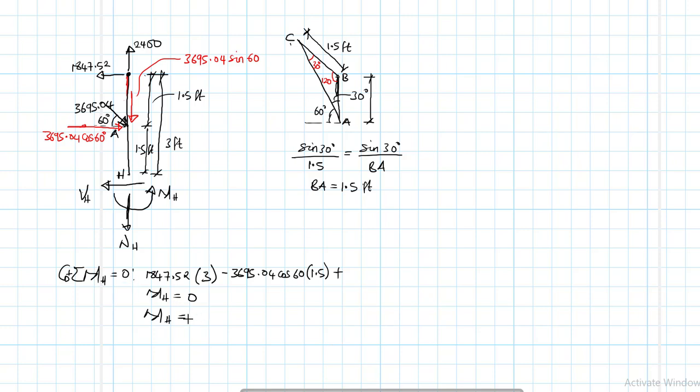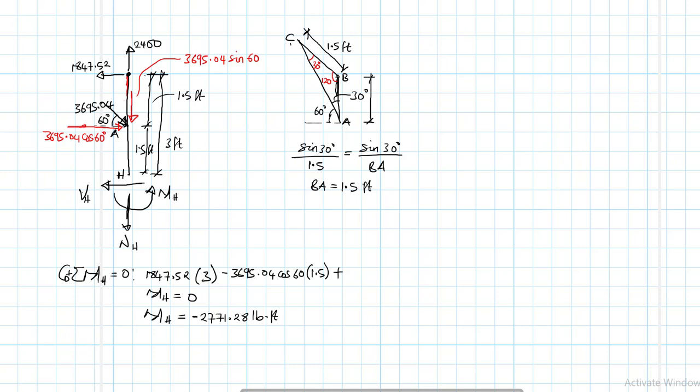Okay, so we find that our MH is going to be equal to negative 71.28 pounds feet. Alright, 1847.52 by 3 minus 3695.04 cos 60 by 1.5, 2771.28. Right, great. So we found one part.